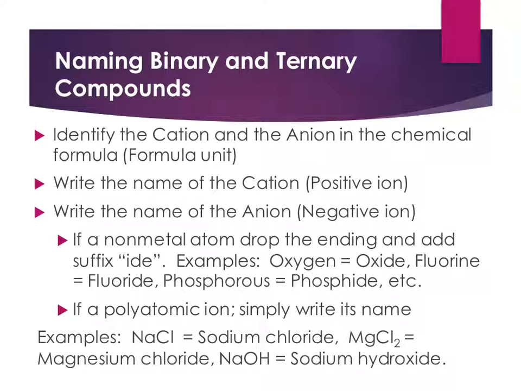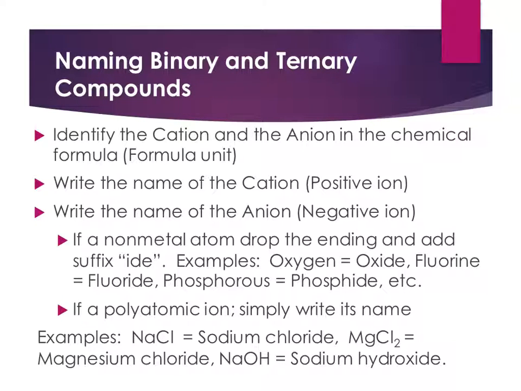So all the halogens, fluorine, bromine, iodine, you're just going to replace the "ine" with the "ide." The nitrogen, oxygen, you're going to write as nitride, oxide, carbide, stuff like that, right? As you get more practice, you will see what the names are. If it's a polyatomic ion, you're just simply going to write its name.